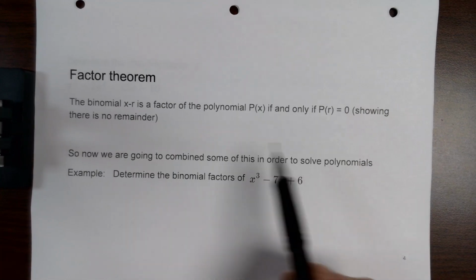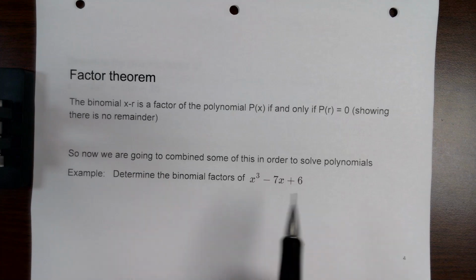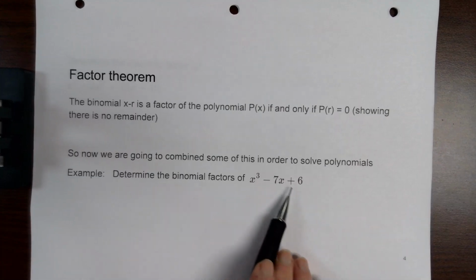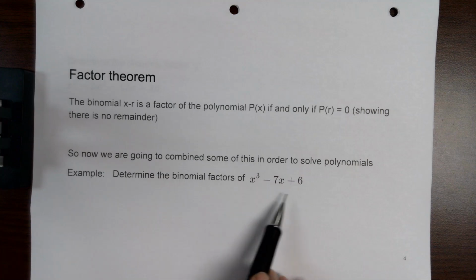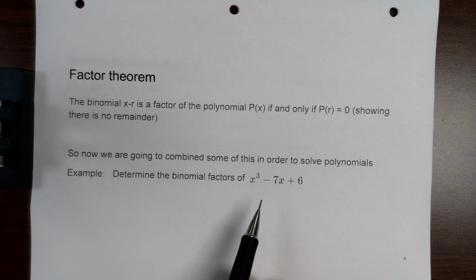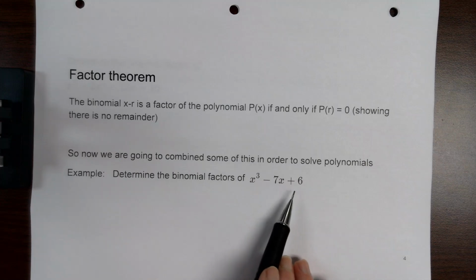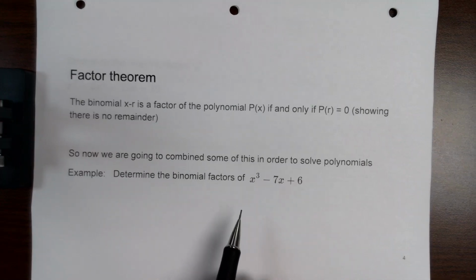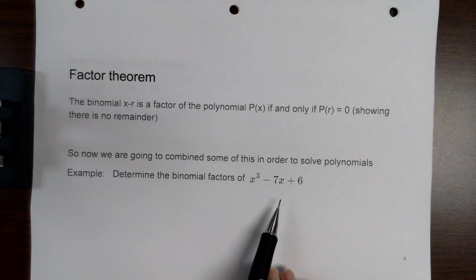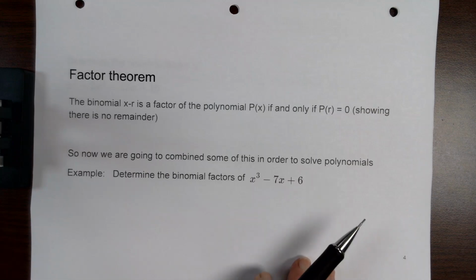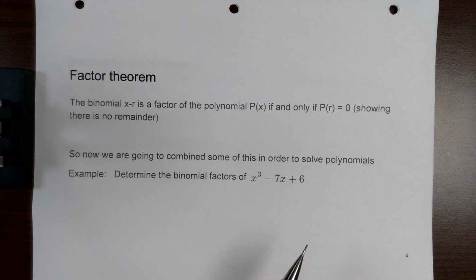So now we're going to combine what we were doing, and they're just going to ask you for the binomial factors of this. You're not asking for the solutions, or the roots, or the zeros, you're asking for the factors. So right now, this is a little bit harder, because we don't have a technique, which we're going to learn in the next section, that's going to help narrow this down.